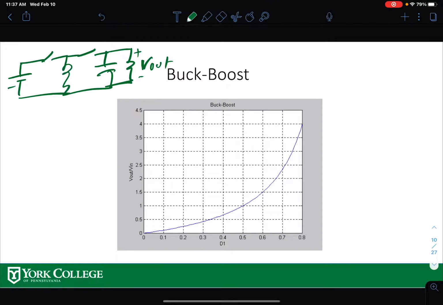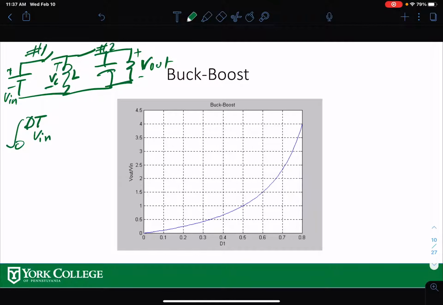Over here is L, with VL positive and negative. When switch 1 is on for time D, or D1, it is from 0 to DT. When switch 1 is on, V in equals VL.